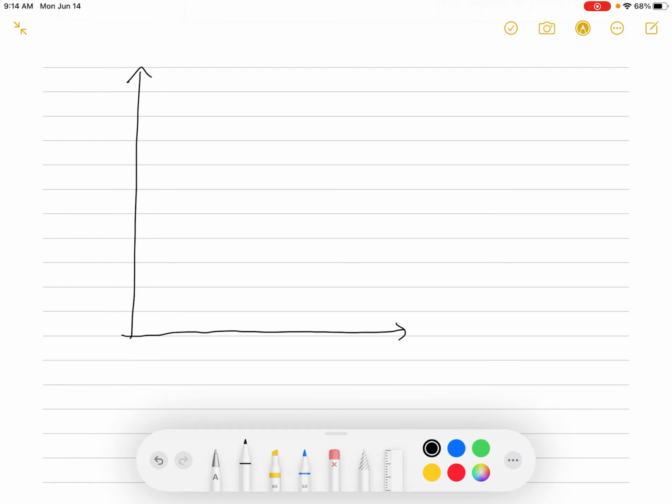So here's a vertical axis. We'll think about that as the y-axis, and here's a horizontal axis. We'll think about this as the x-axis. And let's start off with the parent function here. I'm going to take this point right here, and this is going to be my key point I focus on. Now this function is y equals f of x. This is the parent, the original function.